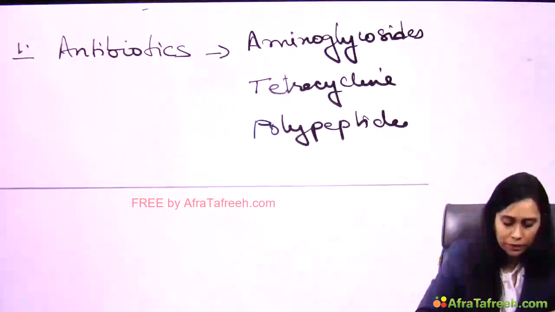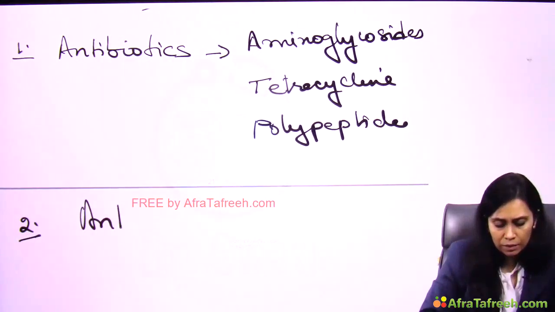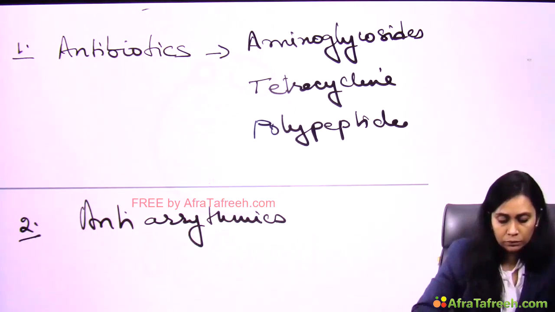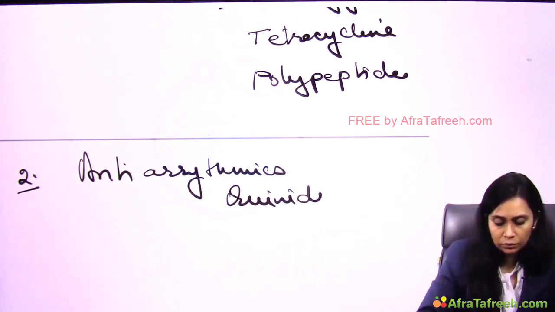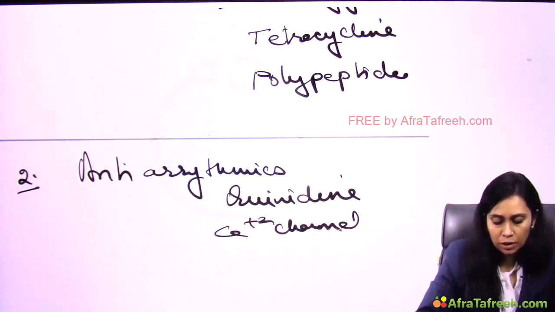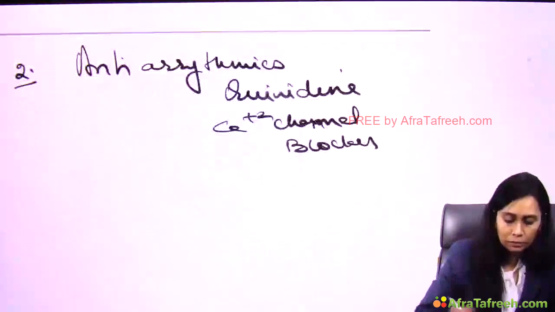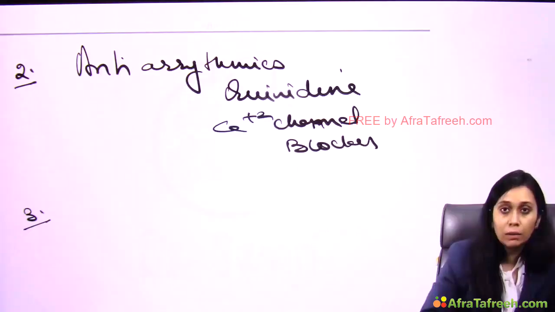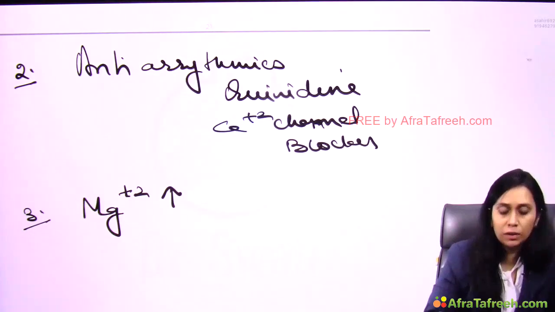Second, some antiarrhythmics: quinidine and calcium channel blockers. Then magnesium: hypermagnesemia potentiates neuromuscular blockers.